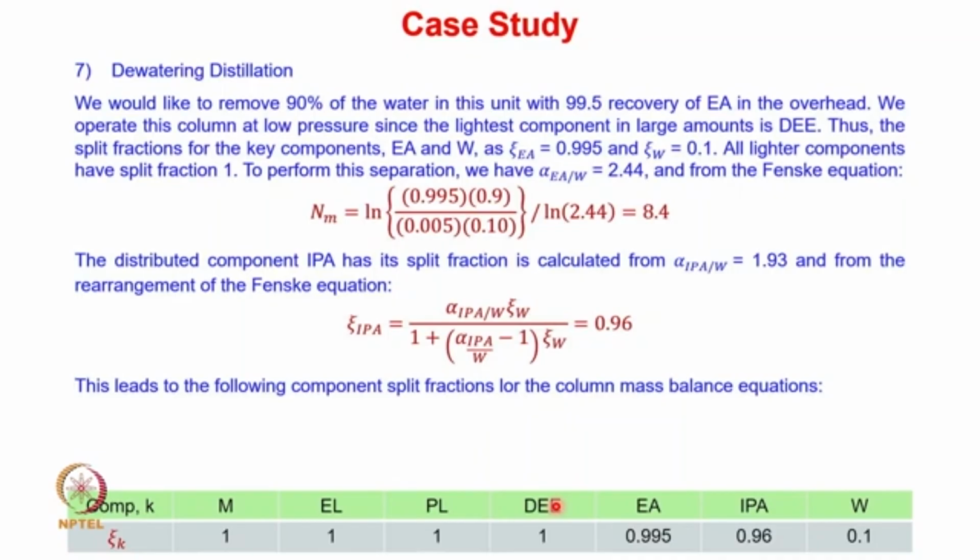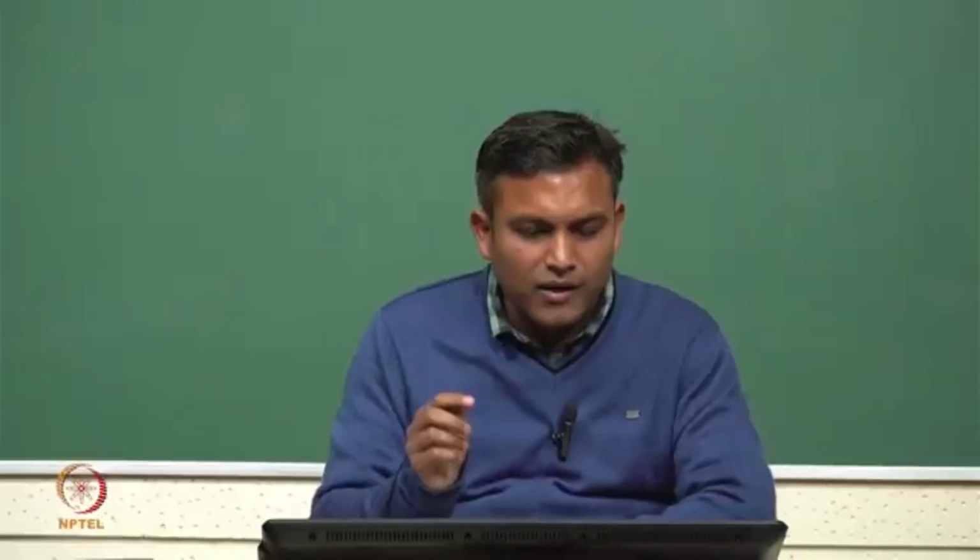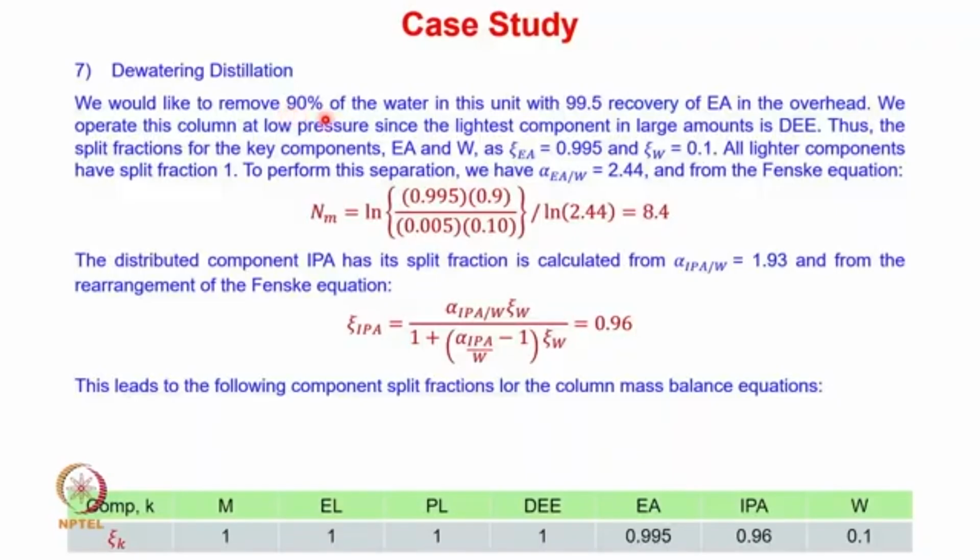Then the next unit is the distillation column. So the first unit is the dewatering distillation column, where we are interested in removing almost 90% of the water, isn't it, with a recovery of 99.5% of ethyl alcohol at the overhead. So in this case, we can take the split fraction of ethyl alcohol as 0.995, and the split fraction of the water can be taken as 0.1.